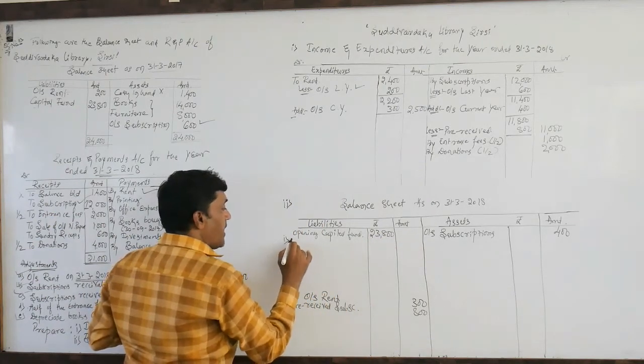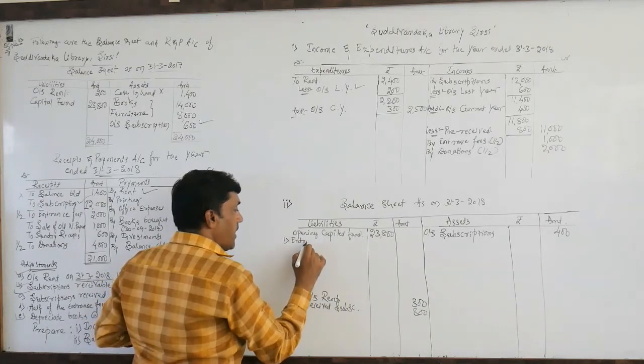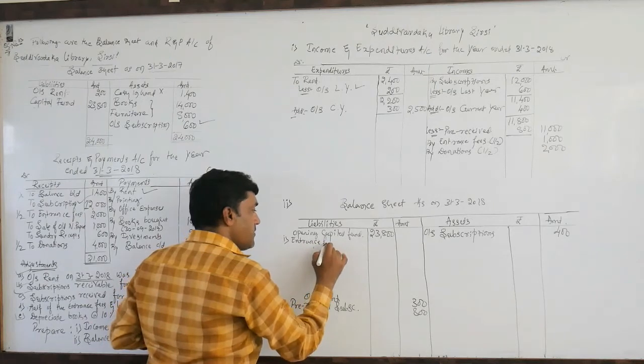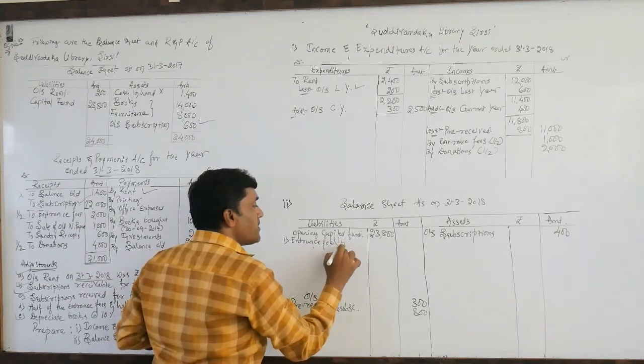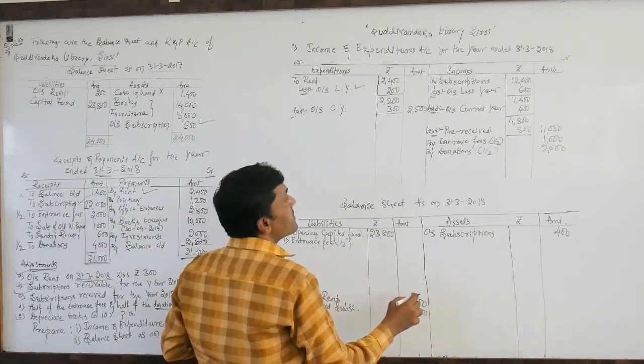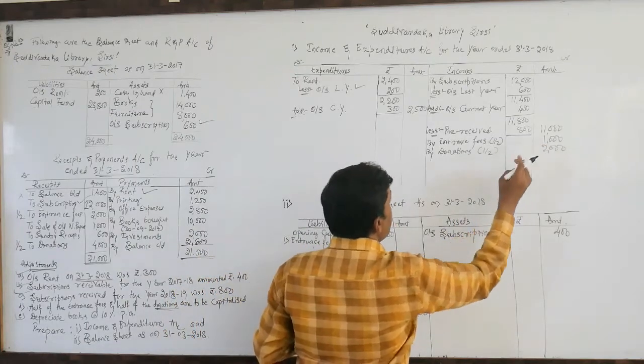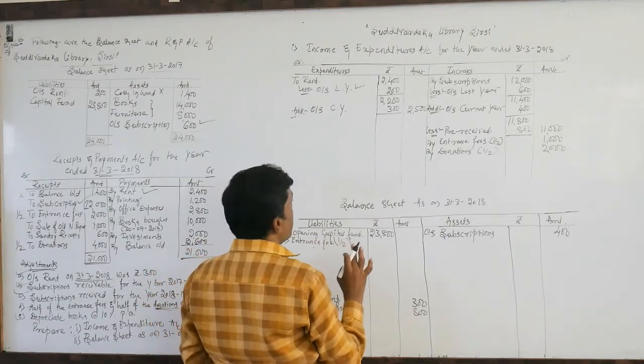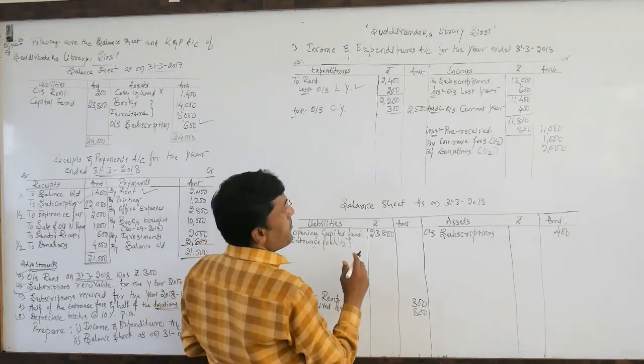We need to add entrance fees. How much? 50%. So 50% we have already shown on the income side. 50% is to be shown under the head capital fund on the liability side of the balance sheet. How much? 1000.